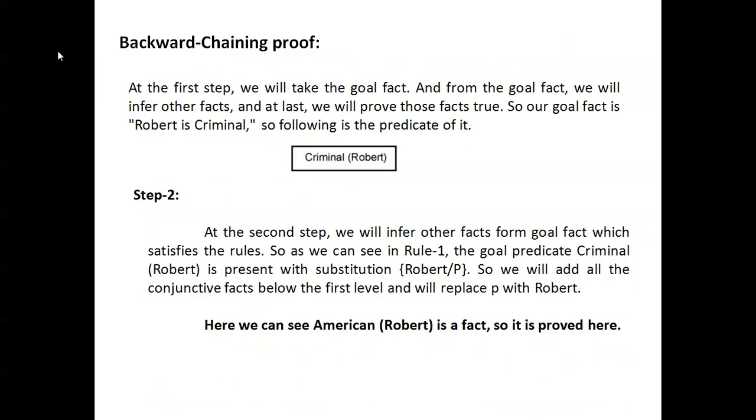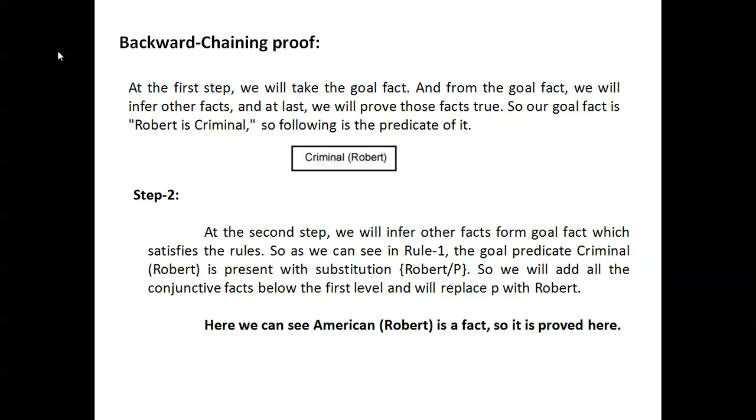Backward chaining proof, step one. In the first step, we will take the goal fact, infer facts from it, and at last prove those facts true. Our goal fact is Robert is a criminal, so that is our goal: criminal Robert, that's a predicate.